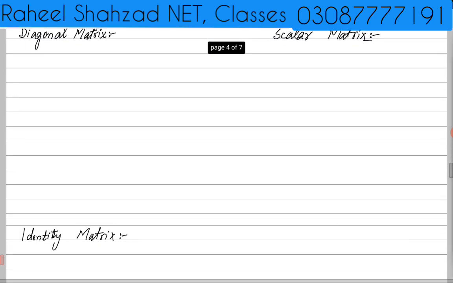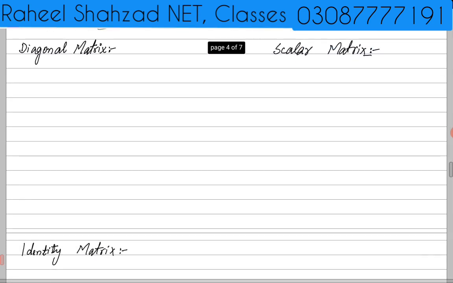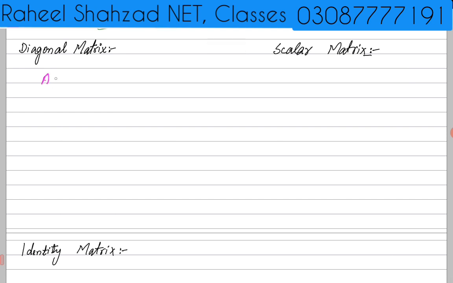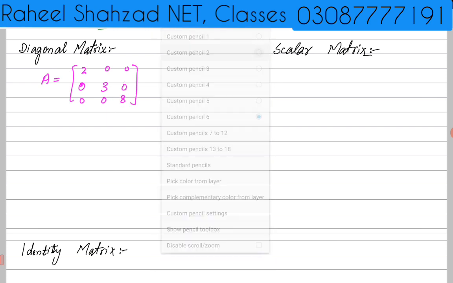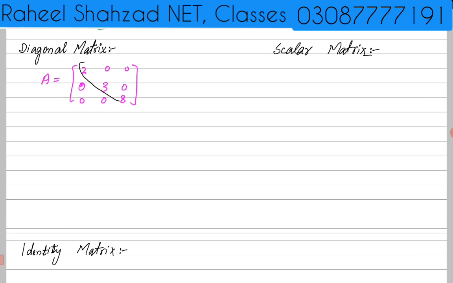Then comes a diagonal matrix. Now a diagonal matrix would be, suppose this is a diagonal matrix in which 2, 0, 0, 0, 3, 0, 0, 0 and 8. Okay, a matrix in which entries are only on the diagonal is known as a diagonal matrix.